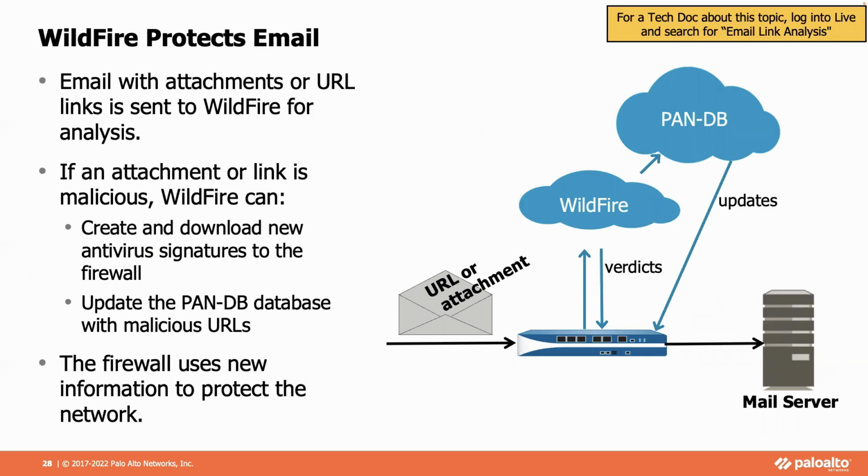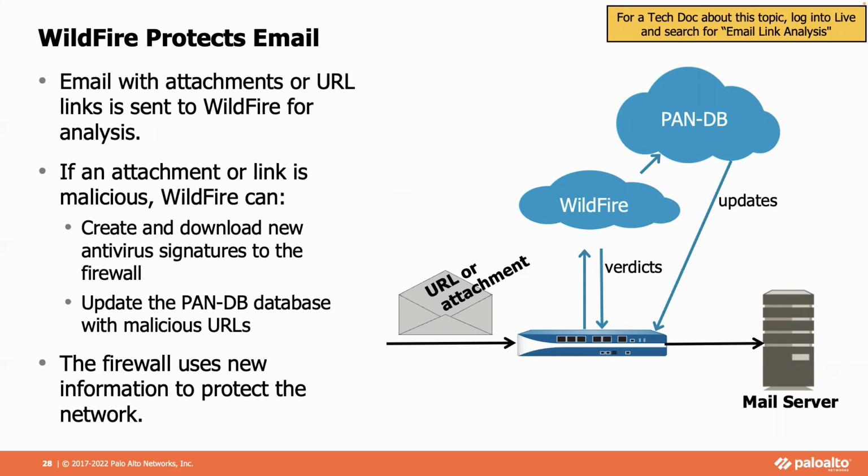Emails can also be protected through WildFire. And as part of our URL filtering, we have an entire category called phishing. So we can look at emails even before a user opens the emails. They can be sent for analysis to WildFire.